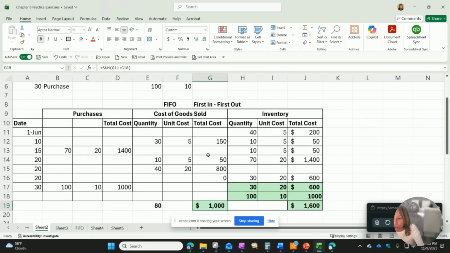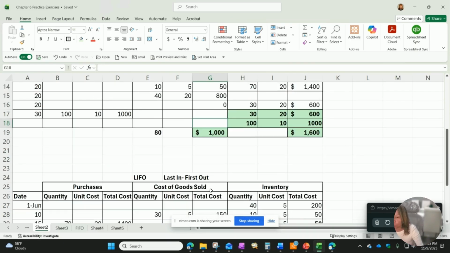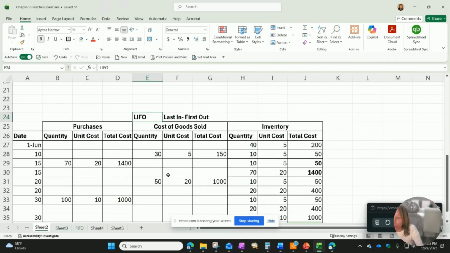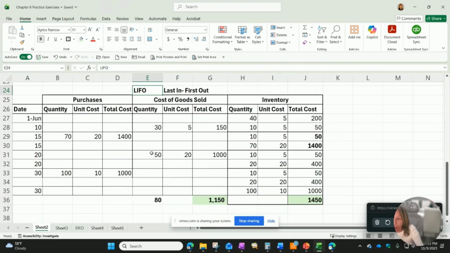On the FIFO, we are calculating the cost of goods sold based on earlier prices, units or products that were purchased at a lower cost because they were purchased earlier, and the costs of goods tend to increase over time. Therefore, when you use LIFO, we're using costs that are higher, and the cost of goods sold tends to be higher.